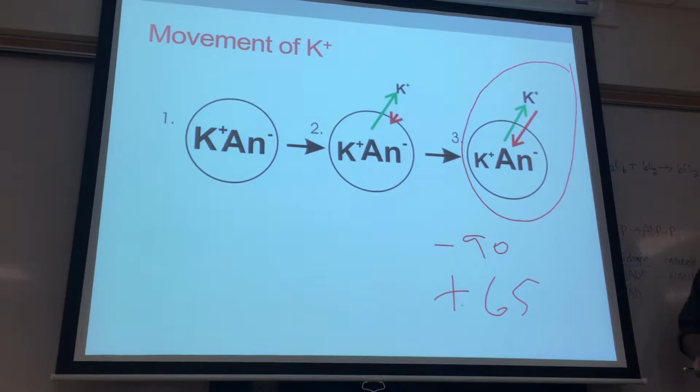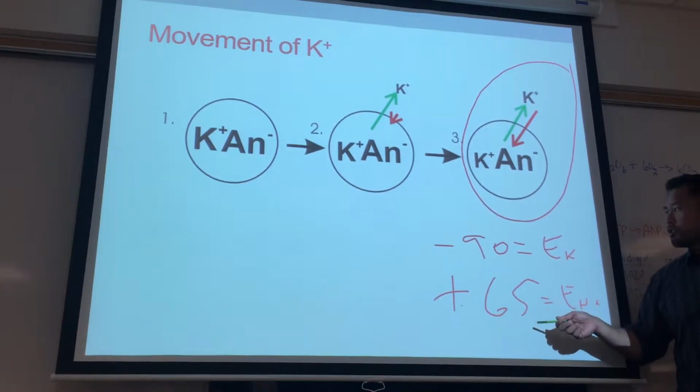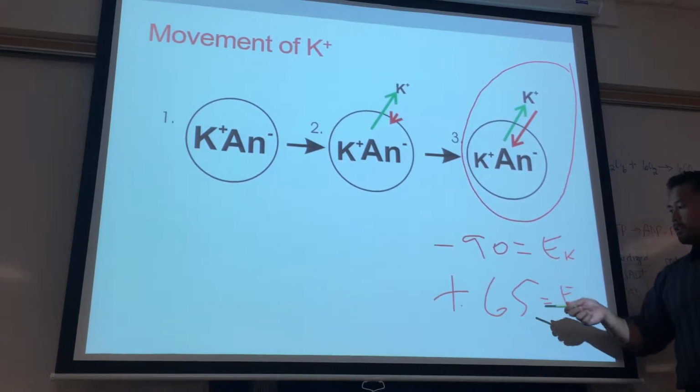So if this was our equilibrium point for potassium, and this was our equilibrium point for sodium, and we know that we've got a lot more leaky potassium channels, where do you think our membrane potential would be? Would it be closer to potassium or closer to sodium?